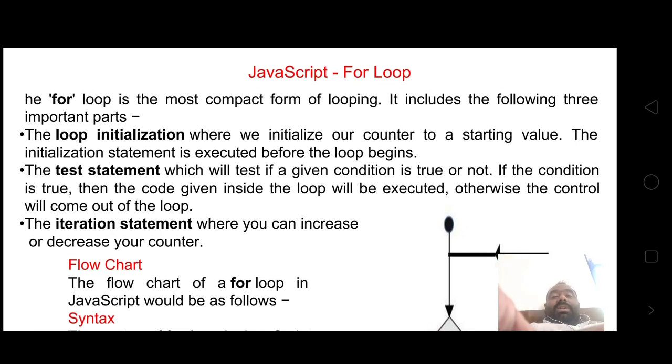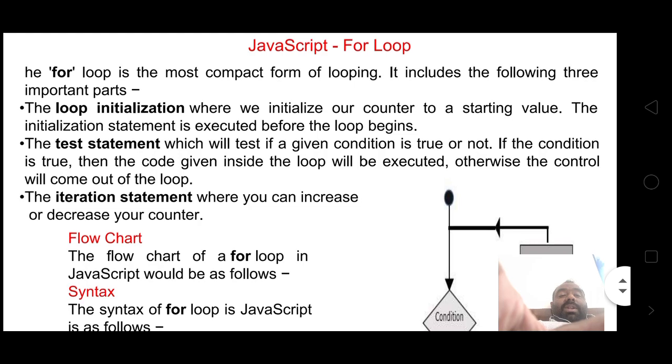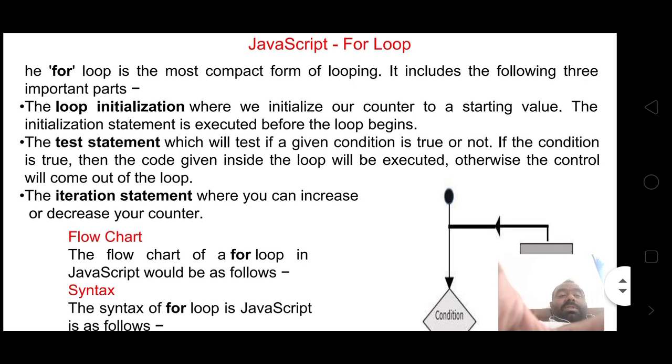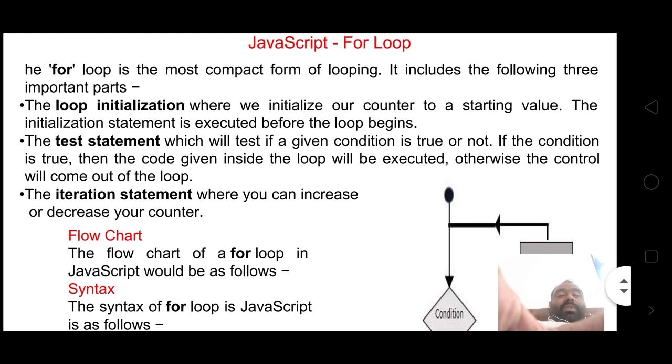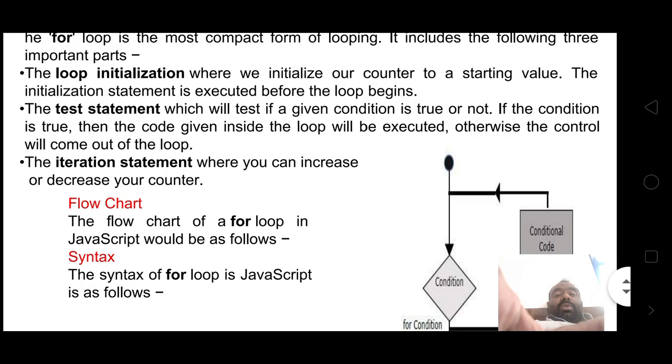The initialization statement is executed before the loop begins. The test statement tests a given condition, true or false. If the condition is true, then the code inside the loop will be executed. Otherwise, control comes out of the loop. Iteration, where you can increase or decrease your counter.